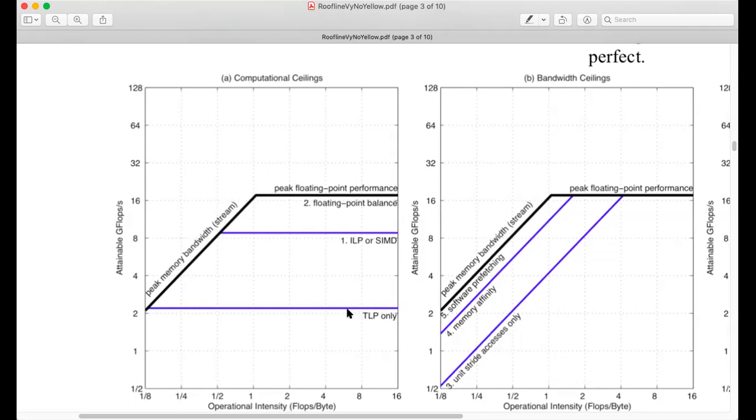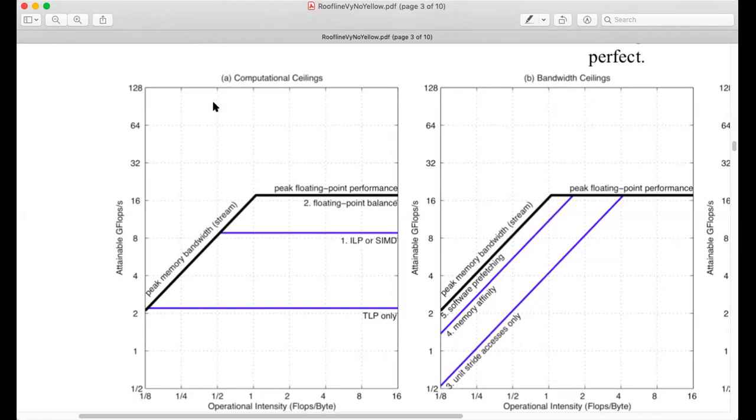You hit the roof. You are not hitting the memory bottleneck because you have 2 threads and you can do 2 gigaflops per second. So there is no issue. The memory bandwidth is still 16 gigabytes per second. Just keep that in mind.